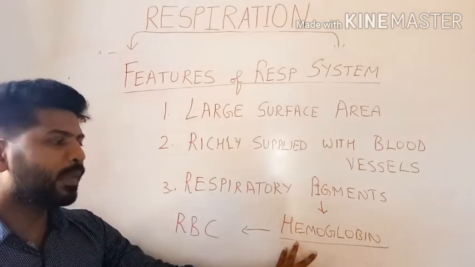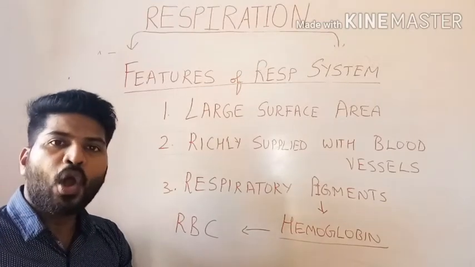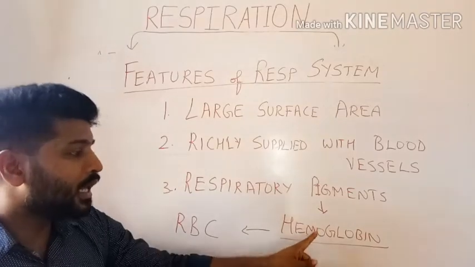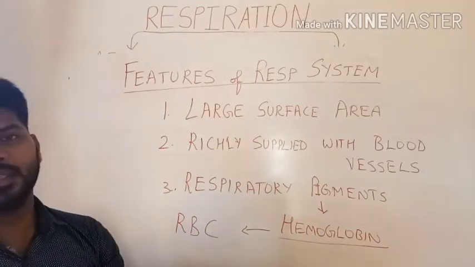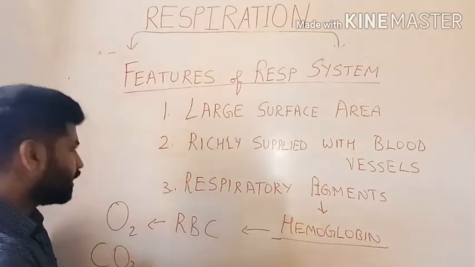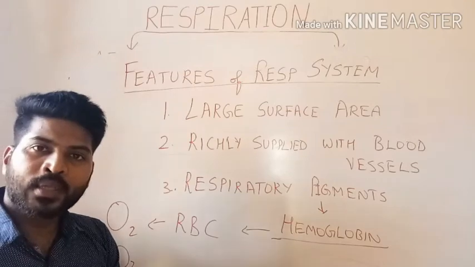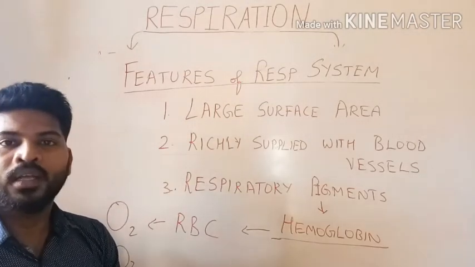So what does this hemoglobin pigment do? The function of the hemoglobin pigment is that it will attach to the oxygen molecule. It is the carrier of the oxygen molecule. Whereas the waste product obtained from respiration, that is, one of the products is carbon dioxide. This carbon dioxide needs to be thrown out of the cells.